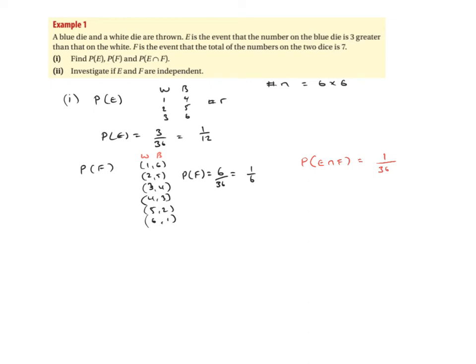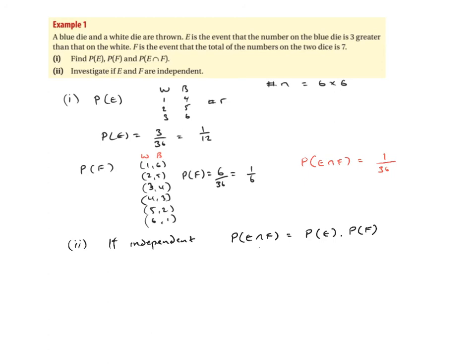Part II states, investigate if E and F are independent. So if independent, then we know that the probability of E intersection F will be equal to the probability of E multiplied by the probability of F. So we just need to check to see if that's the case.